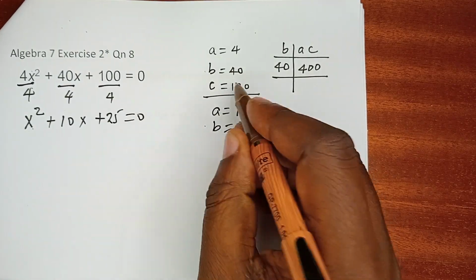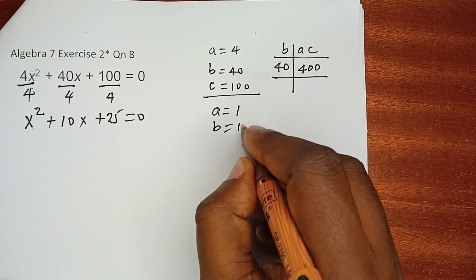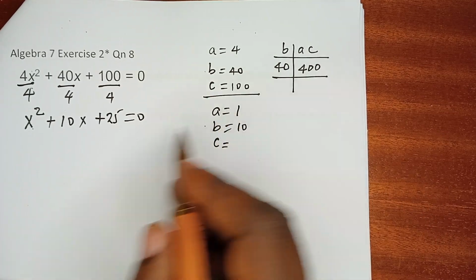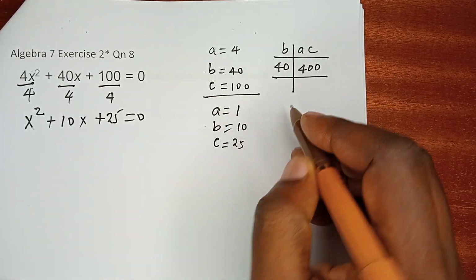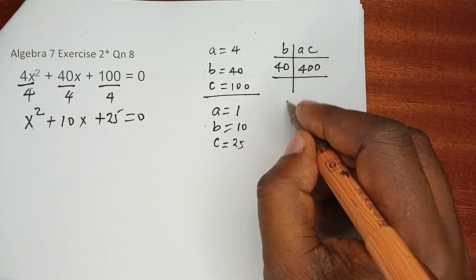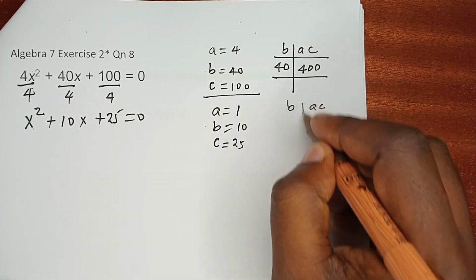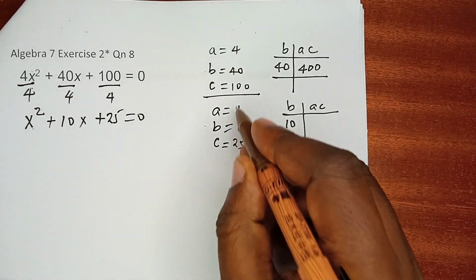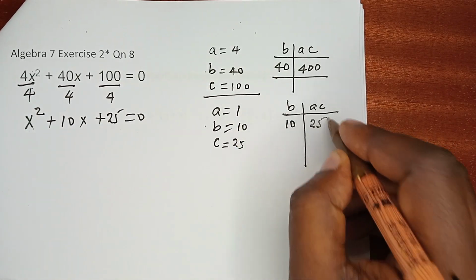Our b is no longer 40, it is 10. And our c is no longer 100, it is 25. Consequently, our B and AC will also change. So our B is 10 and our AC product is 25.